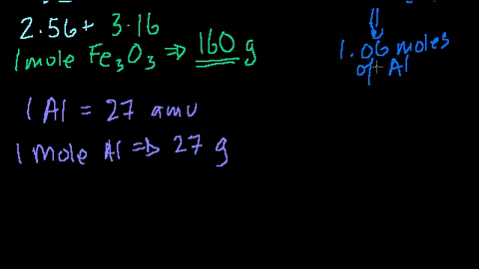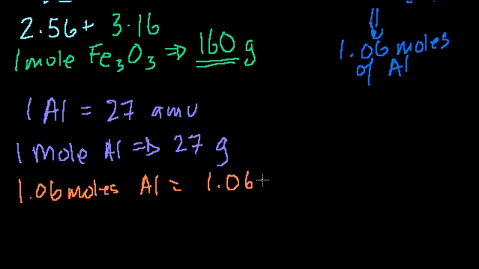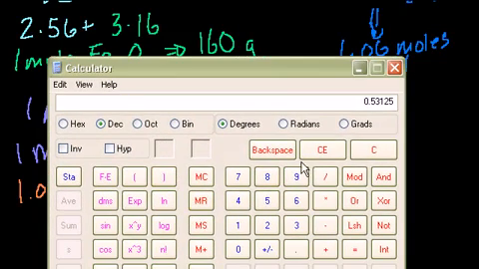So if we need 1.06 moles, how many grams is that going to be? 1.06 moles of aluminium is equal to 1.06 times 27 grams. And what is that? 1.06 times 27 equals 28.62.